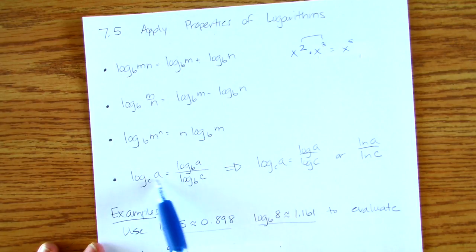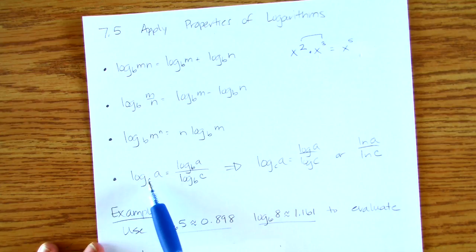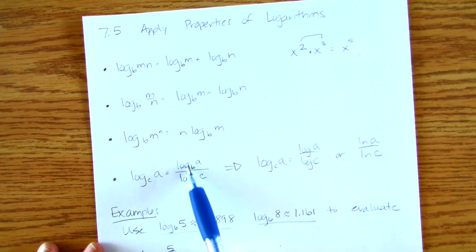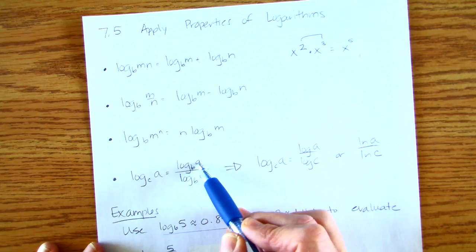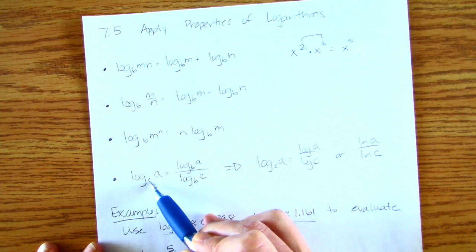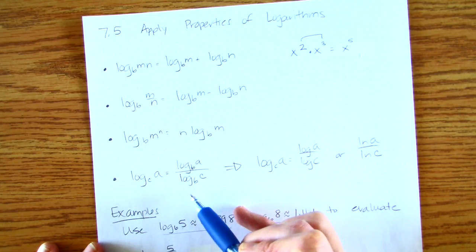And in addition, we have this change of base formula, which says the log of any base of some number can be equal to the quotient of the log of the value over the log of the base to any common base.